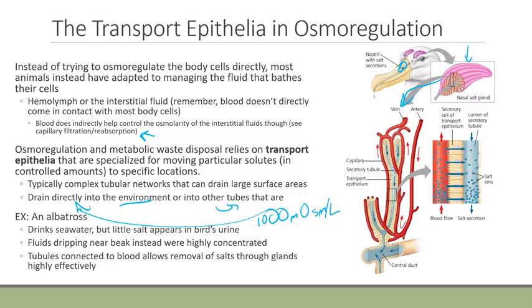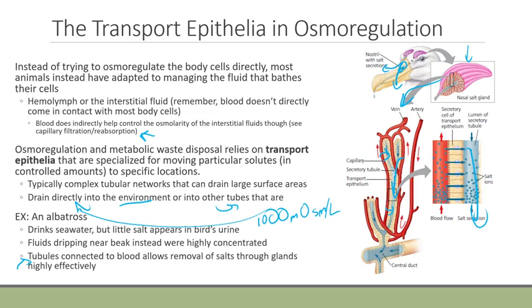So as that salty ingestion is going through the blood, we are going to see the removal of those salts through these transport tubules, these transport epithelia that let the salts get out of the blood into that tubule, and then that tubule can take it somewhere else, ultimately out of the body through some duct that's connected to the external environment.